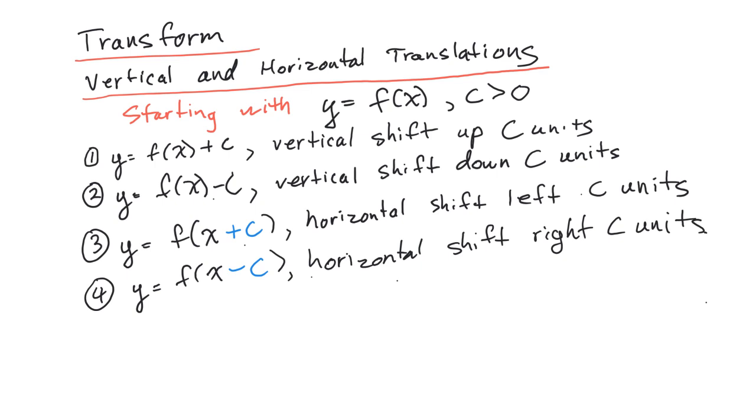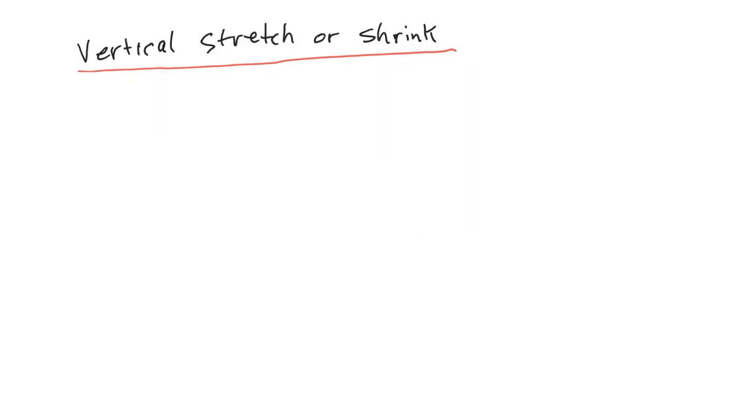So now what we need to do is talk about vertical stretches and shrinks. Copy that down and then get ready for the next thing. Now, you learned about vertical stretches and shrinks a long time ago, okay? Here's what we will start with. We start with y is equal to f of x.